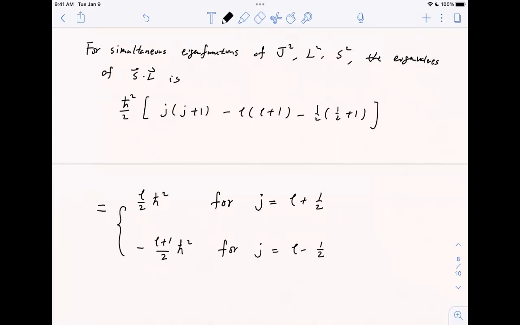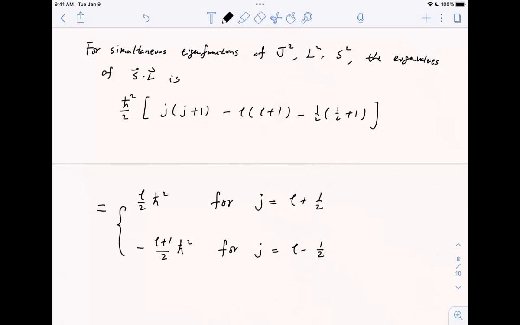Because J only has two possible values, the summation of angular momentum. So J can equal this or this. If you forget this, just go back to review addition of angular momentum in a quantum mechanics textbook. When you have L and S summed together, J can only take two values, either this one or this one.